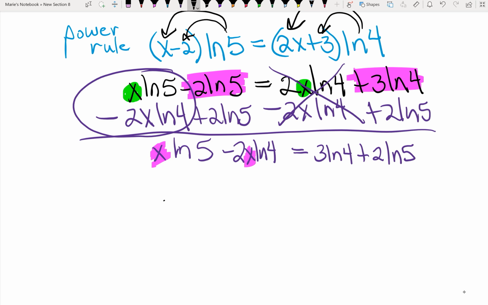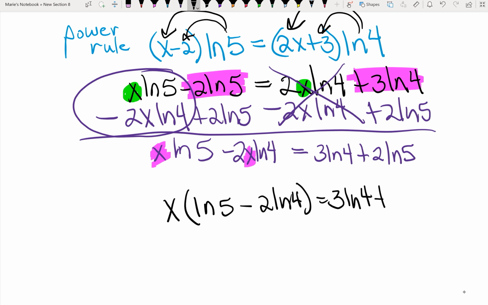So very simply, if I take x out, I'm left with natural log of 5 minus 2 natural log of 4, and this is equal to 3 natural log of 4 plus 2 natural log of 5. To solve for x, I'm simply going to divide by natural log of 5 minus 2 natural log of 4 on both sides.